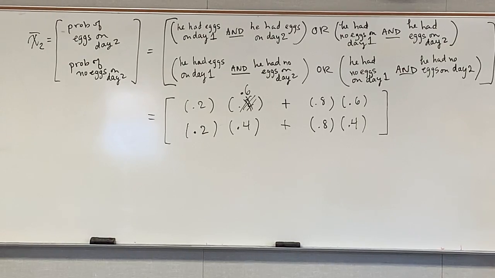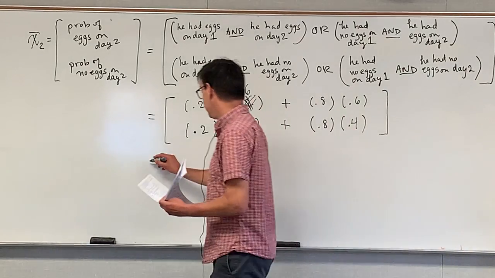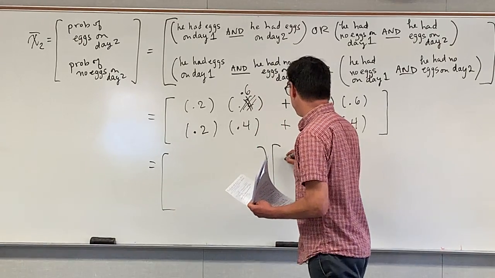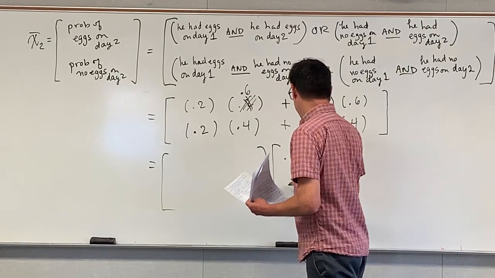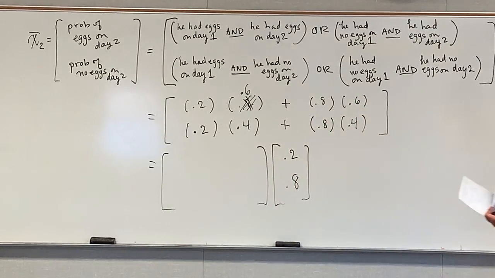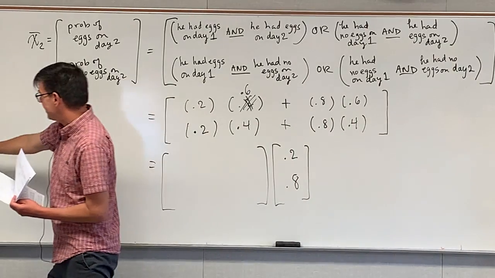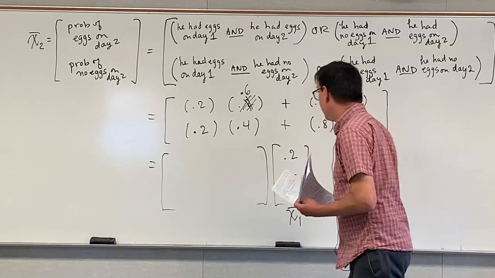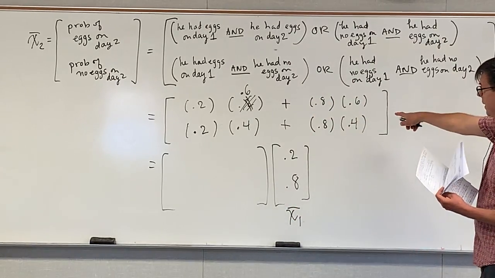All right, now what I want to say is that we can think of this as a 2 by 2 matrix times this previous state vector, my x1 vector. And have I lost everybody?